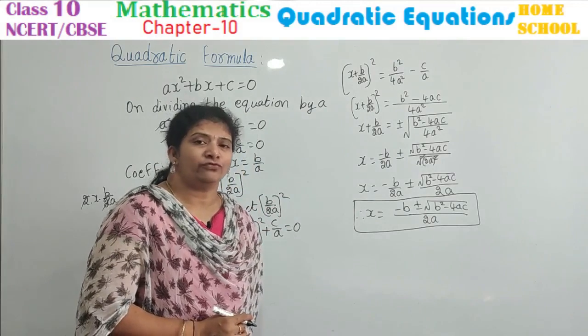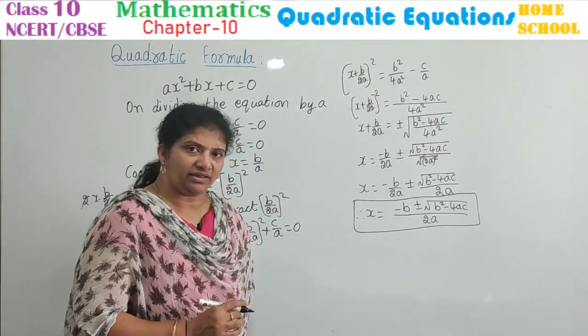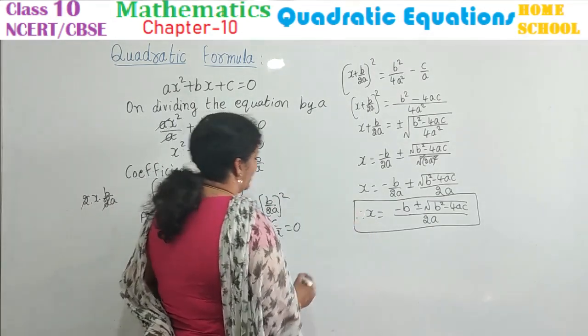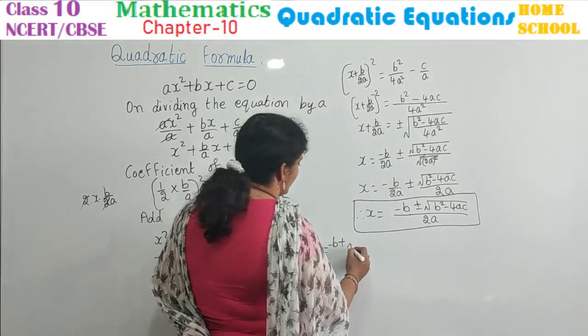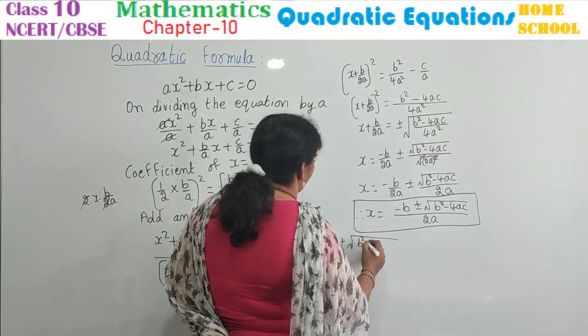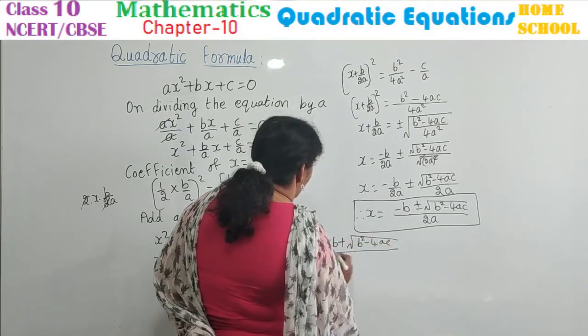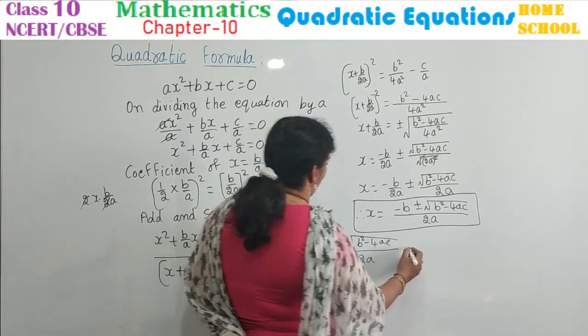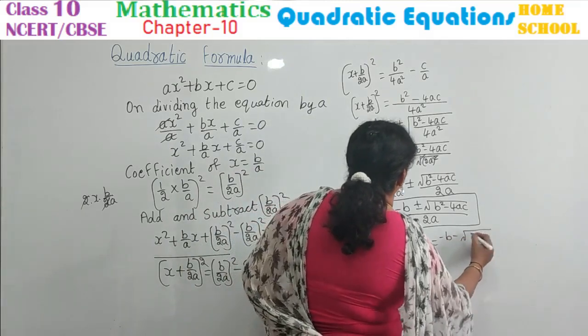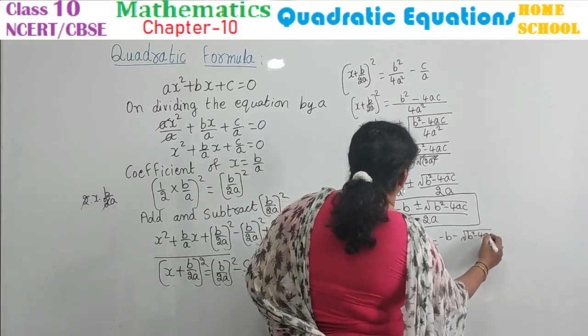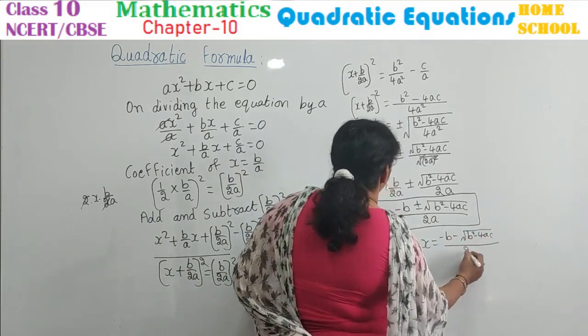This is the quadratic formula we use in the formula method, and it can be written as x is equal to minus b plus root of b square minus 4ac by 2a, or x is equal to minus b minus root b square minus 4ac by 2a.